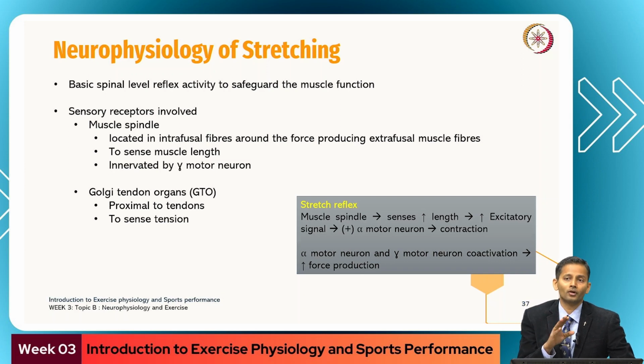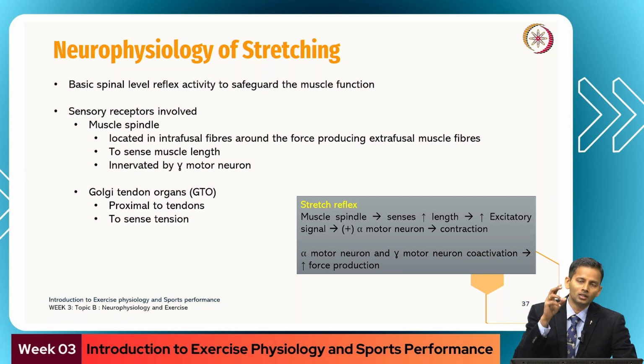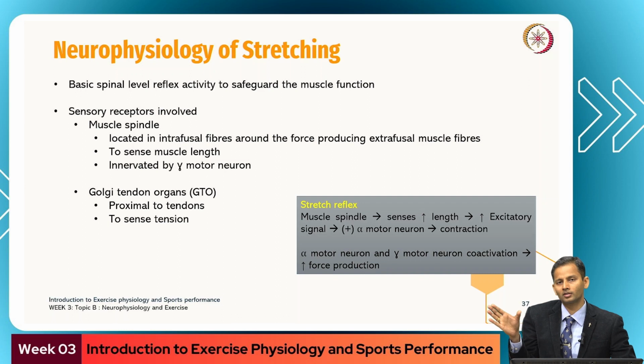This is a protective response wherein the muscle spindle activation causes an excitatory signal, which in turn stimulates the alpha motor neuron to cause contraction and decrease the length of the muscle. So protectively it decreases the length of the muscle when it is stretched beyond a certain extent. Thus it's called the stretch reflex.